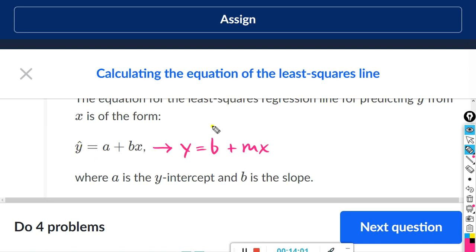So instead of b, they used a, and instead of m, they used b. It's a little annoying that they did that because usually we think of b as the y-intercept, but this is the equation for line of best fit. So if you look at their answer, just make a note of that so you're not confused. In their case, b is the slope and a is the y-intercept, but I did it the standard way.